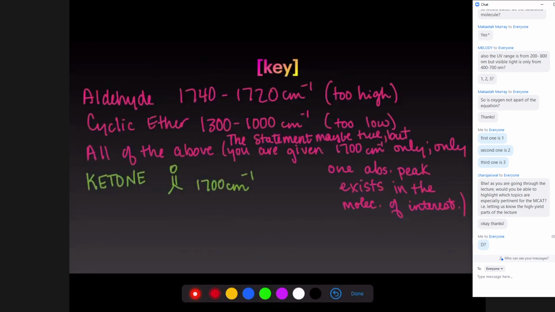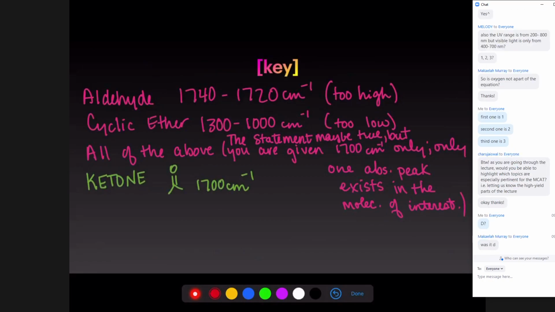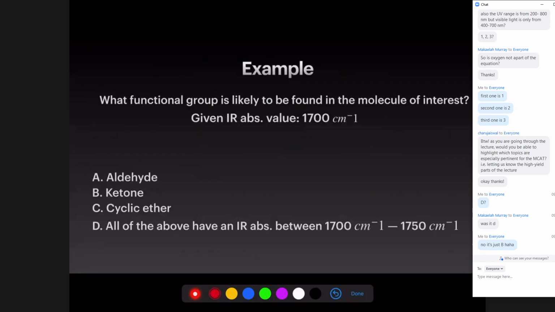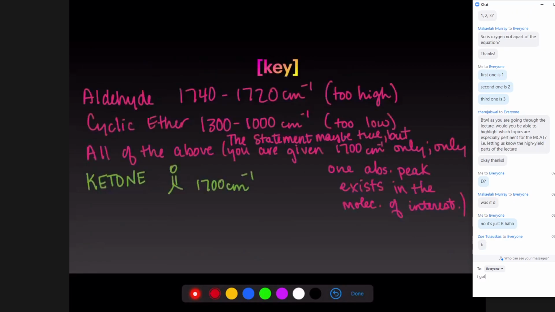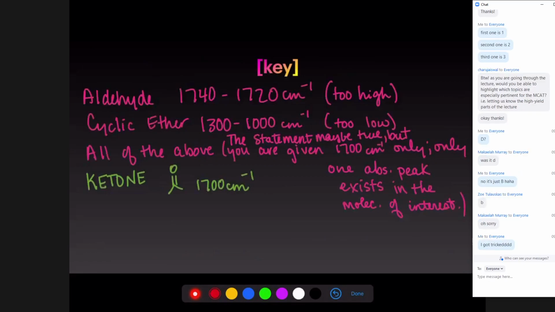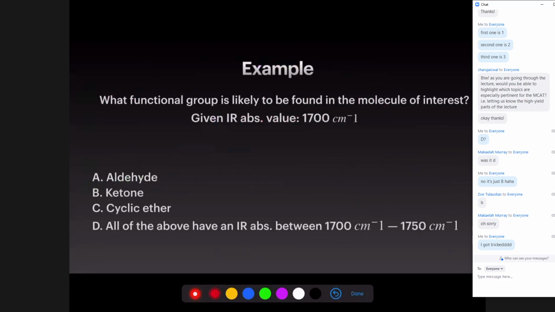The answer is not D. So yeah, the answer is B. The aldehyde has an absorbance between 1740 and 1720. So we know that that's too high because the absorbance given here was 1700. So we're looking for an absorbance close to 1700.